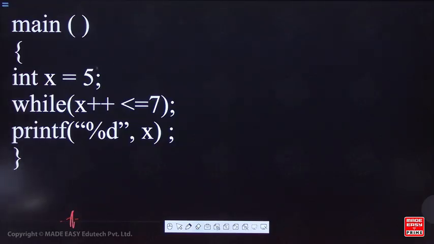Copy this question. Only 3-4 lines code is there, so think carefully and answer. You should not make the mistake.